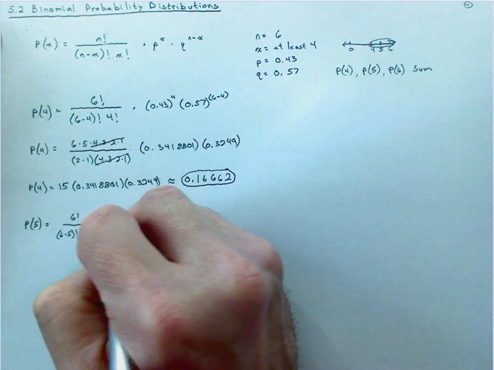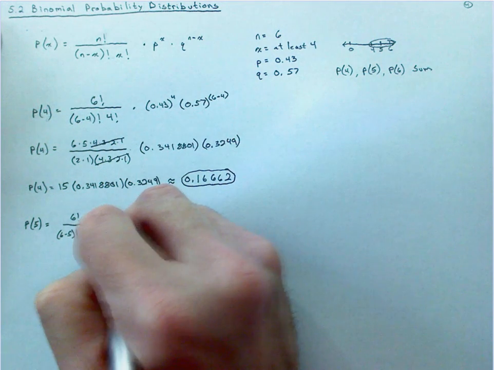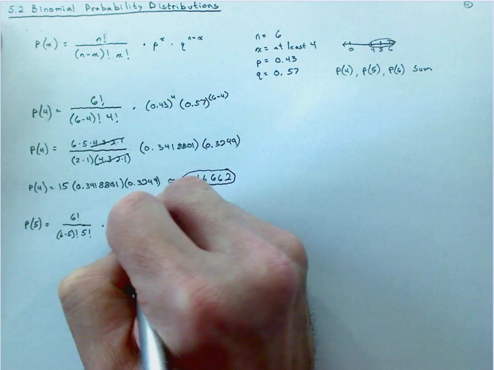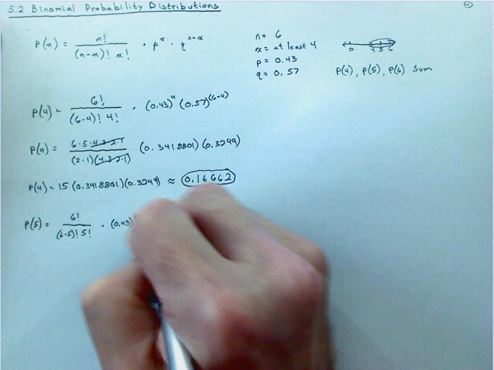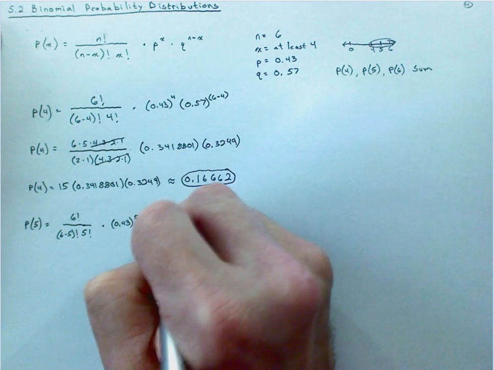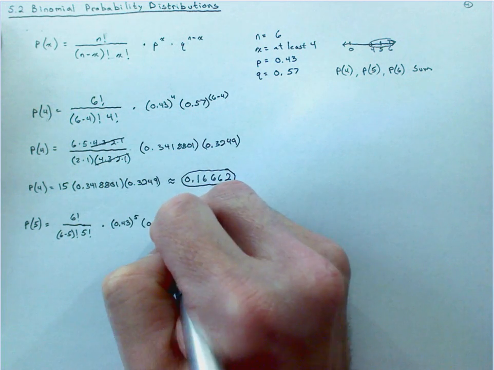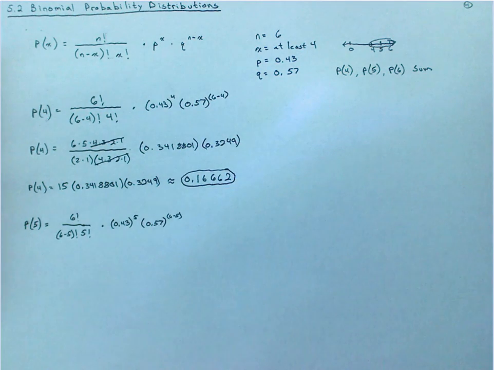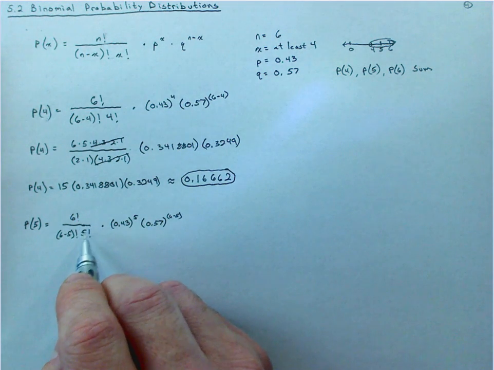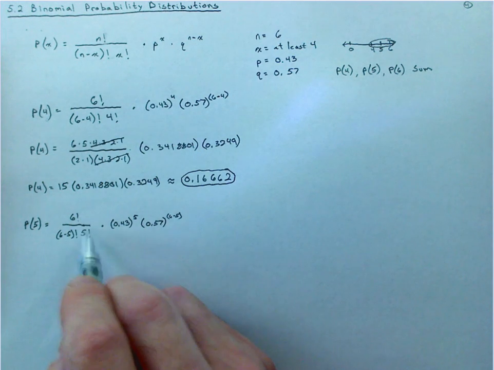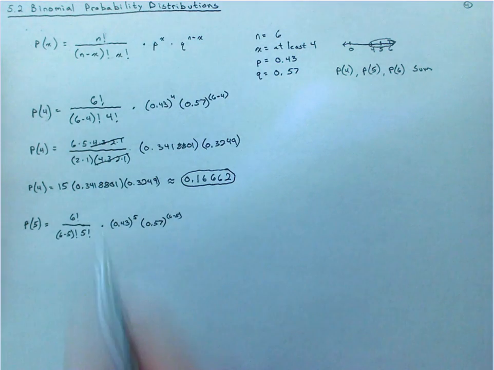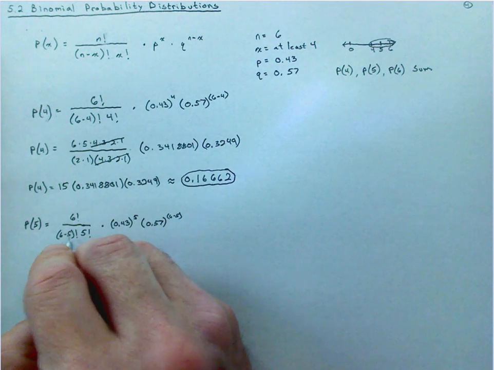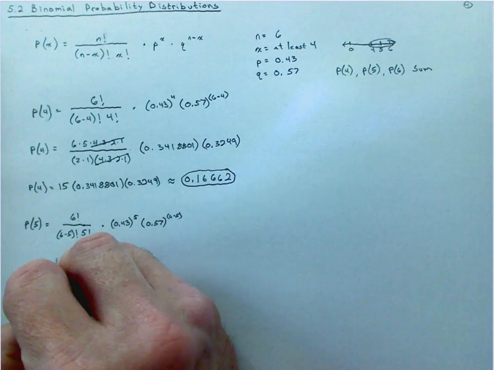P still stays the same, 0.43 to the 5th, times Q, 0.57 to the 6 minus 5. The 5 factorials cancel out, and 1 factorial is 1, so all that's left is a 6.